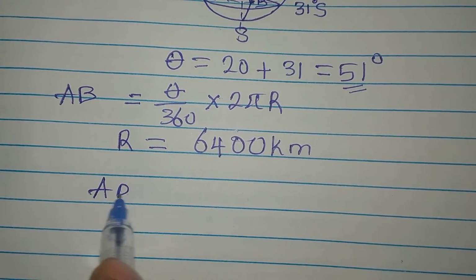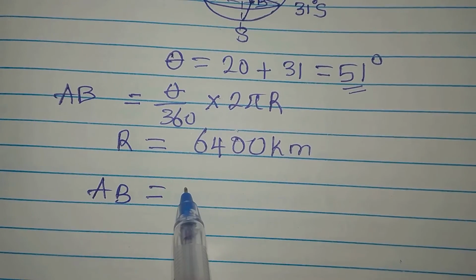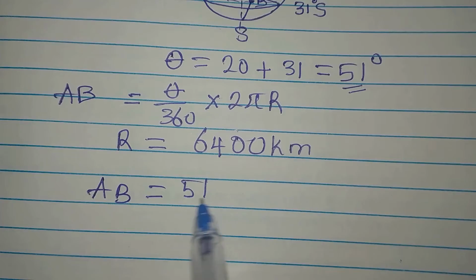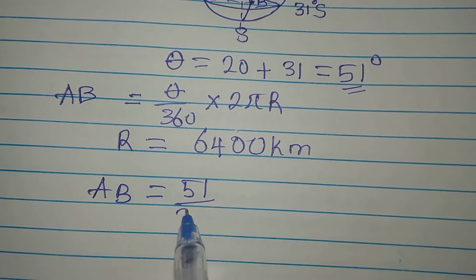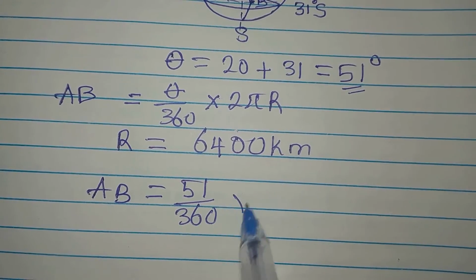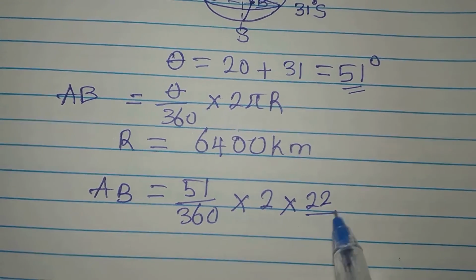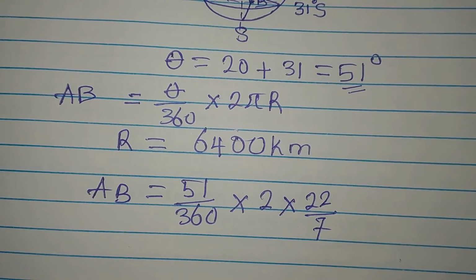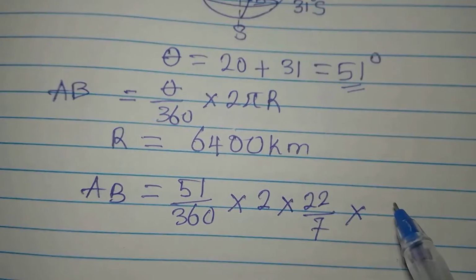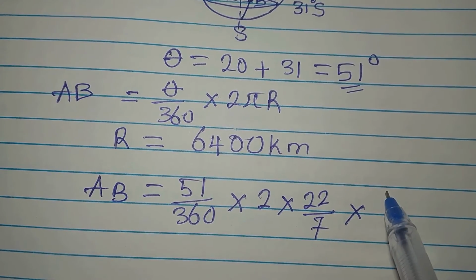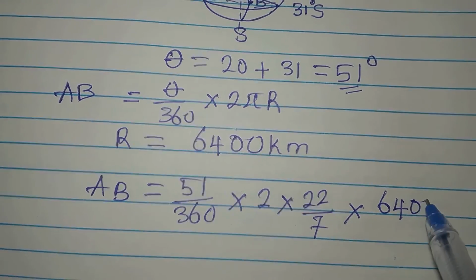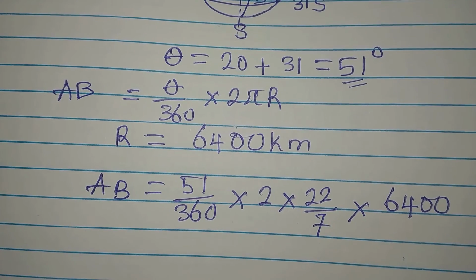Our AB will now be theta. The theta is 51 divided by the 360, then multiply by 2, multiply by 22 over 7, that is the value for pi, then multiply by the radius, which is 6,400 kilometer.